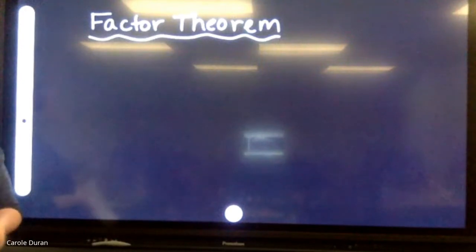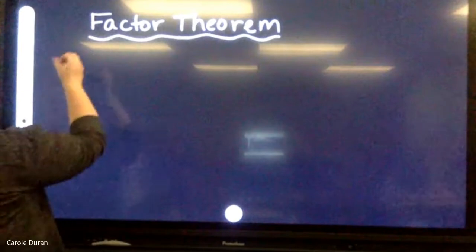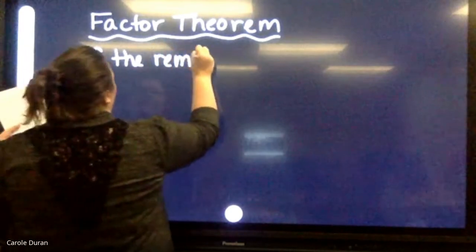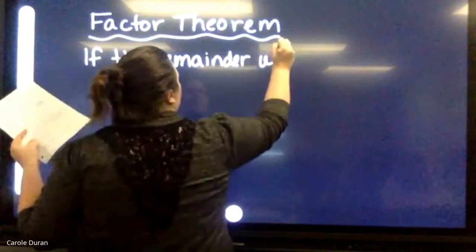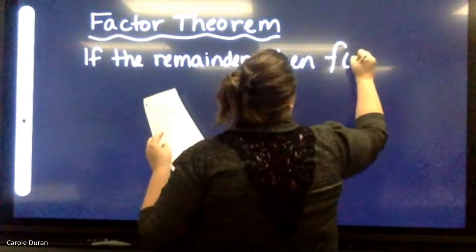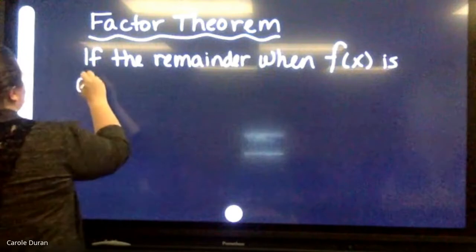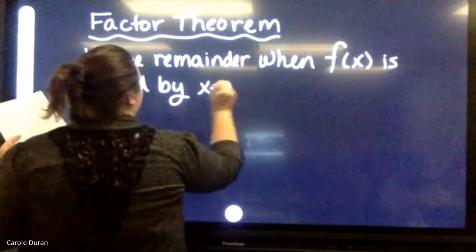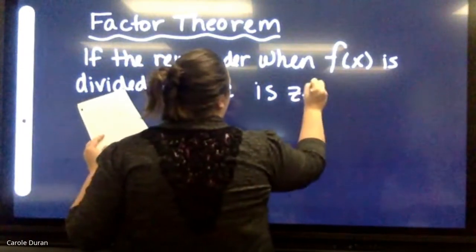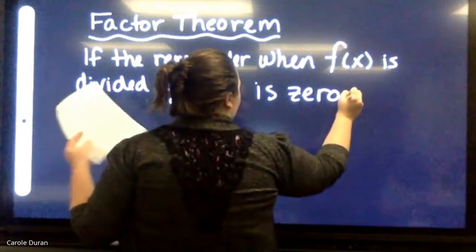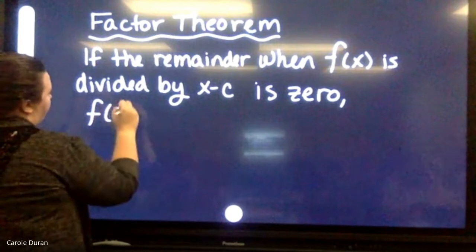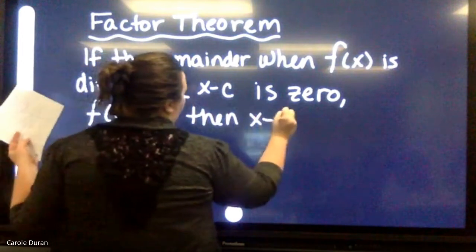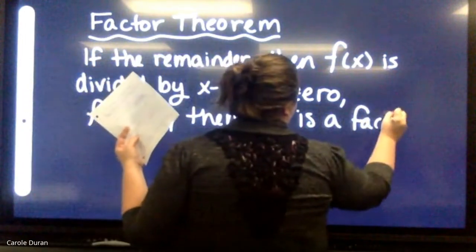Okay, so the second one here is called factor theorem. This says that if I do division and I get a remainder, and that remainder equals 0, which in other words, we could say that if I solved the function and got an answer of 0, because that's the same thing, then what I divided out is a factor of my original polynomial.